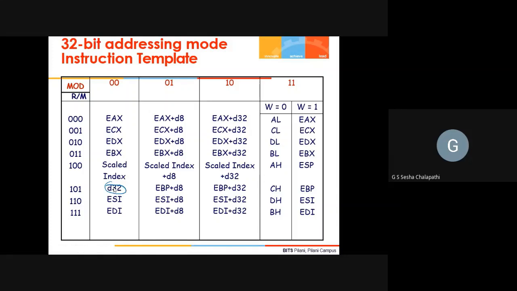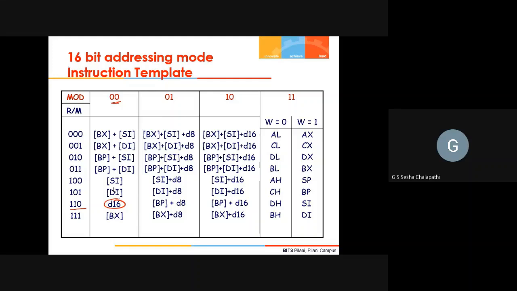I think I am making a mistake here. Okay, there are two ways. Since we are using a 16-bit operation mode, if we use D16, this is called a 16-bit address mode. So if you use 16-bit address mode, then you mention the address as D16.